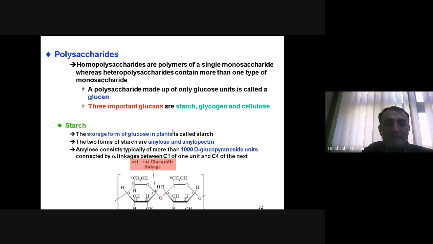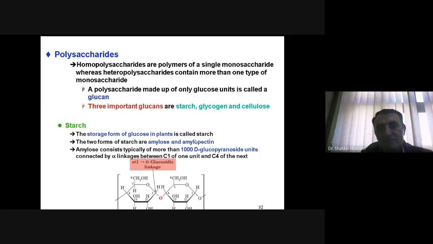Amylose consists typically of more than 1,000 D-glucopyranoside units connected by alpha linkage. So these are connected with each other through 1,4 glycosidic linkage, but in the alpha system, right? Alpha-1,4 glycosidic linkage.